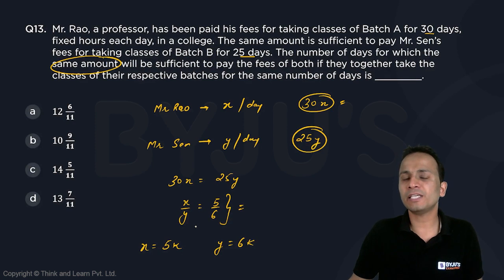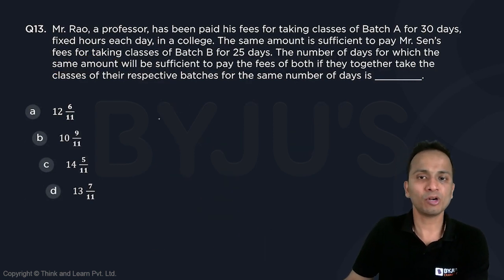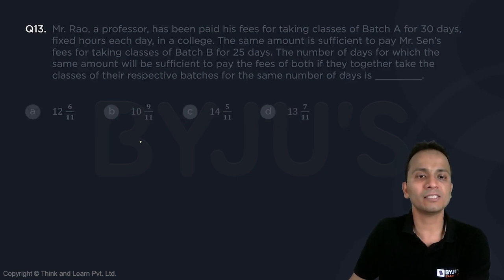And since they are taking the classes together, so on a single day, the expenses will be 5K plus 6K. Okay. So the number of days can be calculated as, it will be total amount 30X divided by the amount paid to Mr. Rao for one day plus the amount paid to Mr. Sen for one day. Okay.